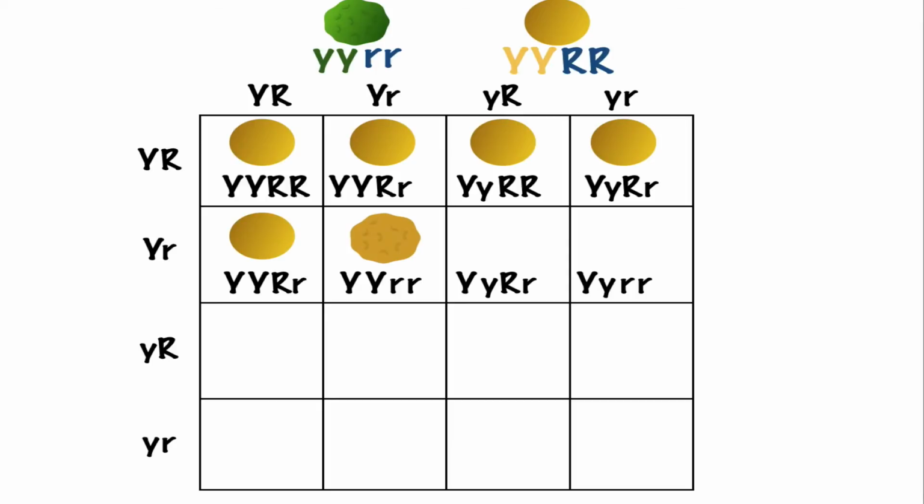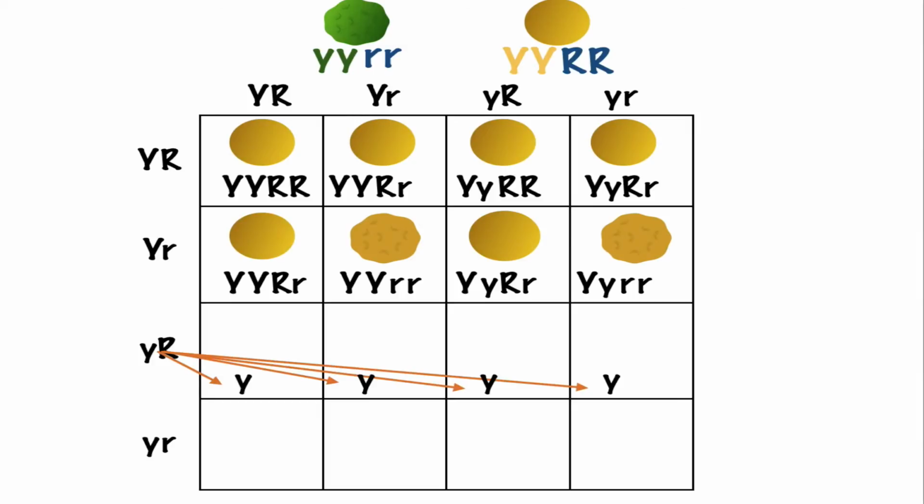And then the third. Okay, so I'm going to pause a little bit so you can guess the next one. Yes, hopefully you guessed yellow wrinkled. Okay, all right. Let's do the same technique with the third row. Okay, so I notice here that I have all recessive Y's to contribute.